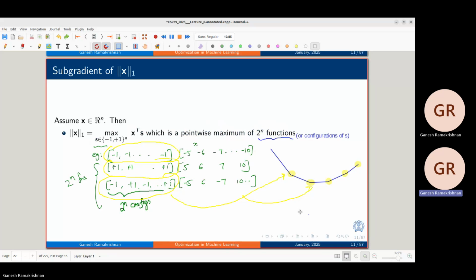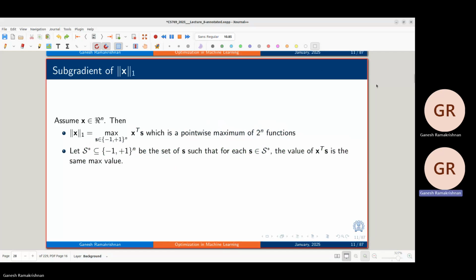Oh, sorry, the sign itself, so that the product has a flipped sign. And wherever there's a 0, it will be anything between -1 and +1. So the convex hull will actually reflect there, for the places where there is a 0. Otherwise it's just going to coincide with the function, right?